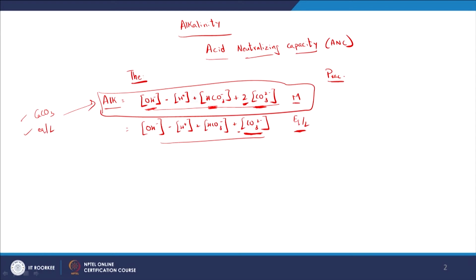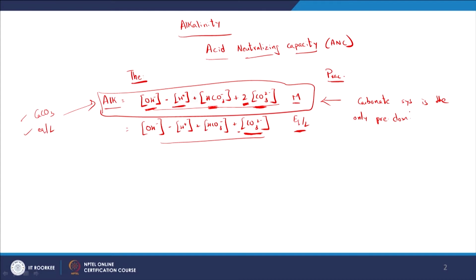Again, so we need to look at all the bases present in the system. They are OH minus, HCO3 minus and CO3 2 minus twice, because it can neutralize 2 protons, right. And obviously you need to subtract the proton here, and this would be valid again when the carbonate system is the only predominant acid base system in your particular solution, right.